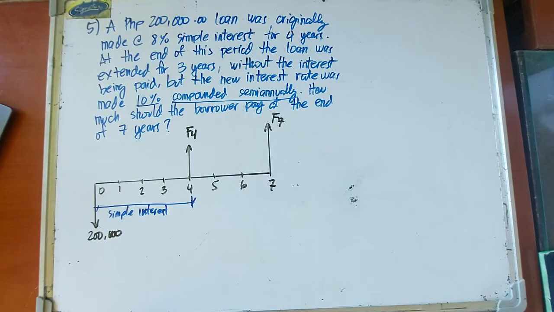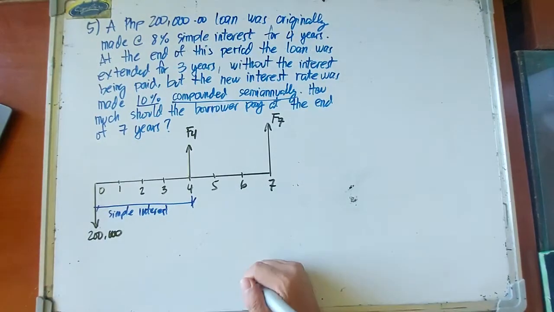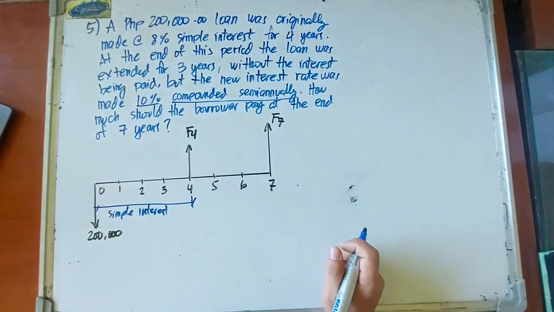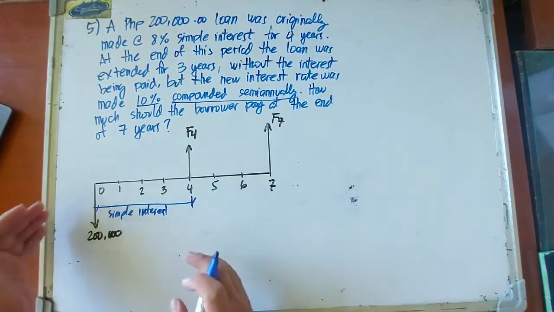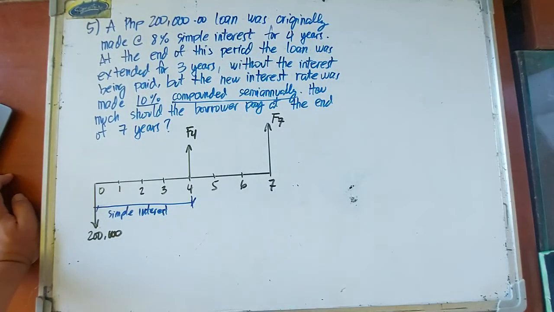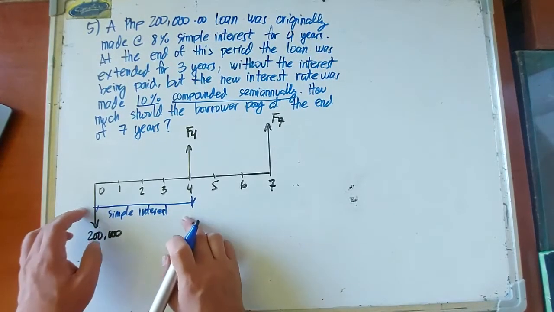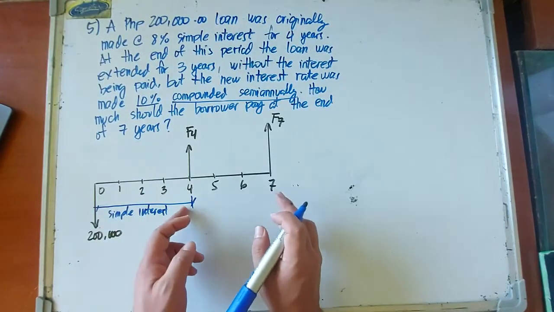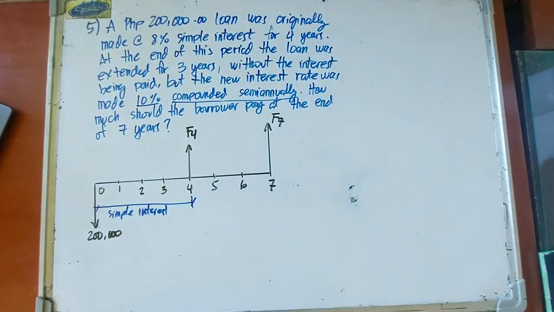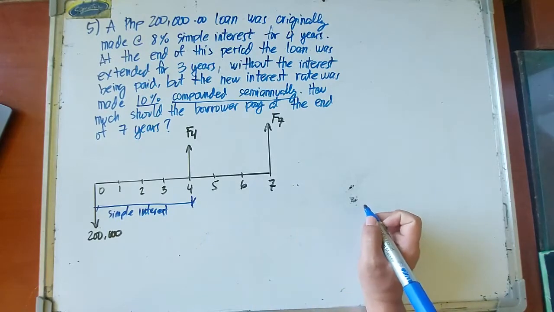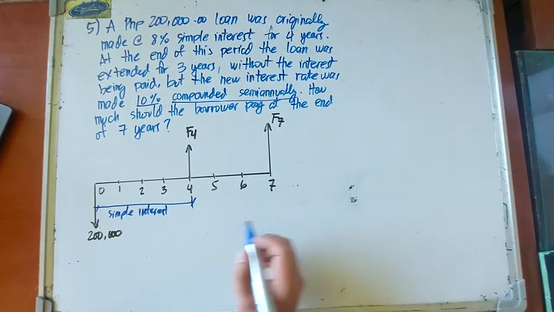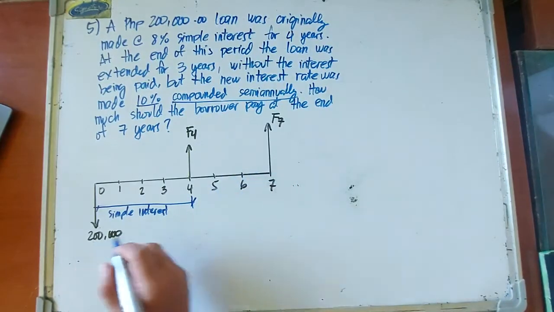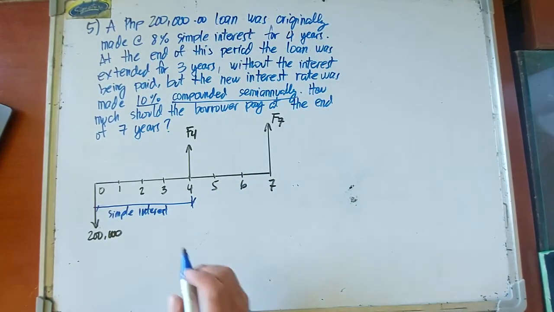First, since we have two different payment terms, we solve the amount of money after 4 years using simple interest, and after that we compute the amount after 7 years using the new payment term. So first we solve for the future worth of the principal after 4 years.